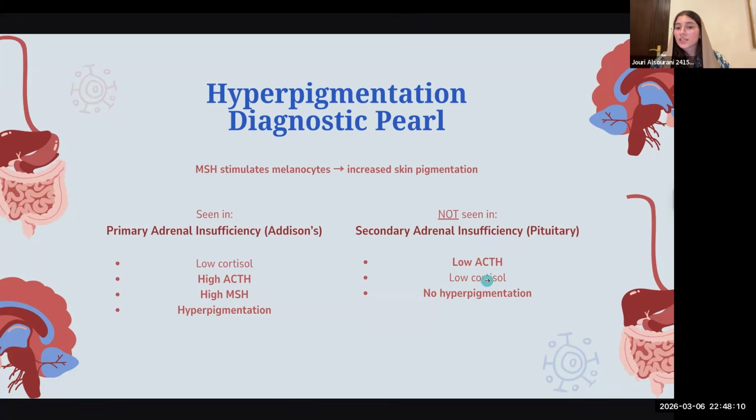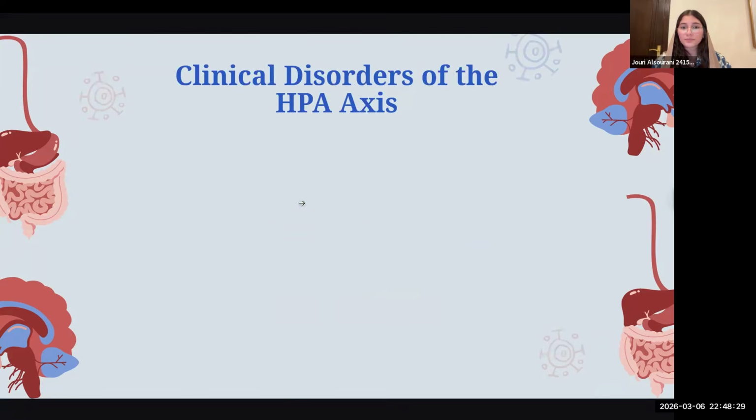So we have low ACTH. We're not able to produce ACTH. As a result, we're not going to have high MSH. So there's not going to be hyperpigmentation. The whole point of this is that you're able to differentiate between these two, and it helps you identify if we have some sort of problem related to ACTH.